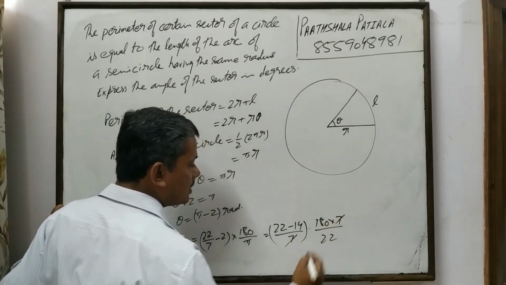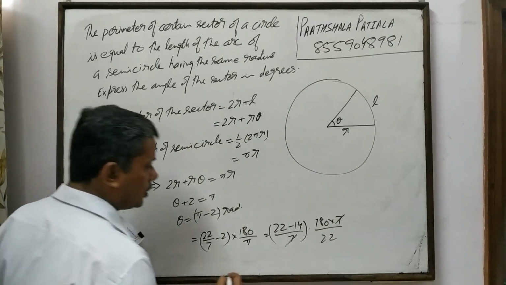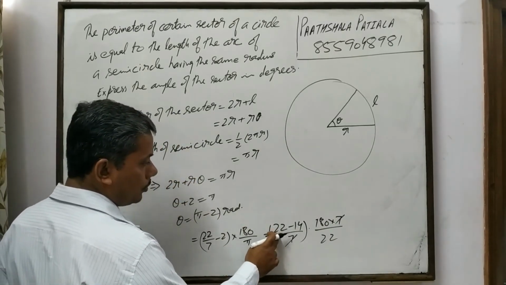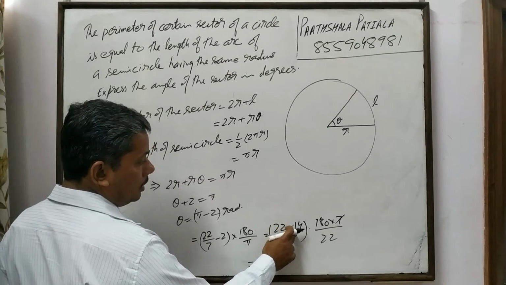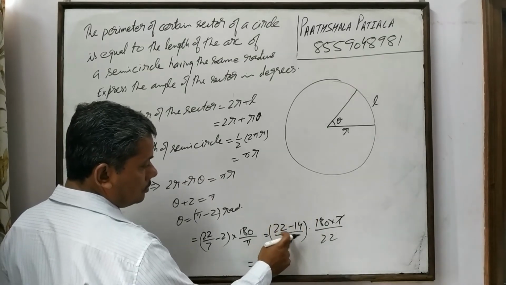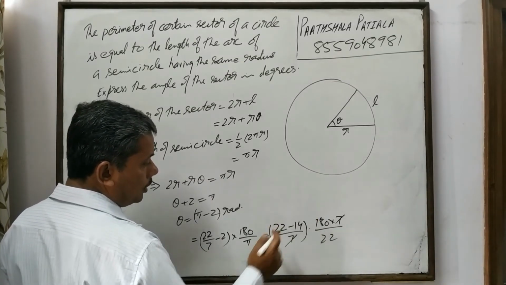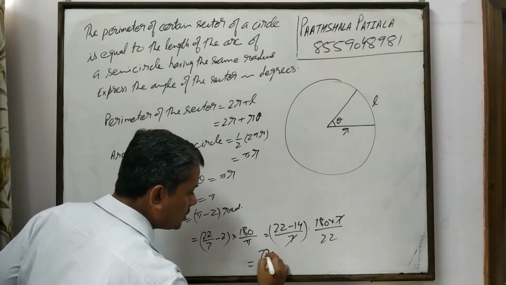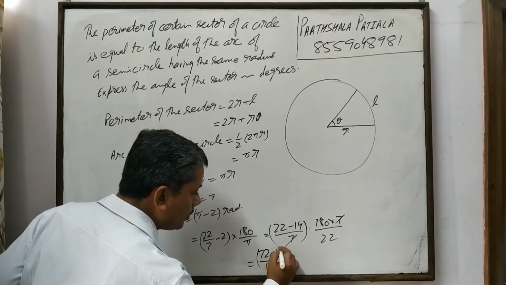This 7 and 7 cancel. 22 minus 14 will give you 8. Then 2 cancels, 4 into 180, that is 720 upon 11 degrees.